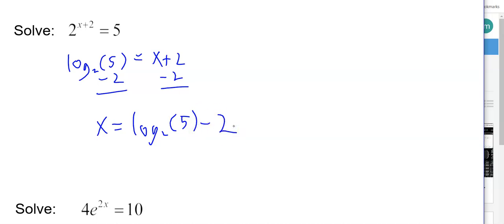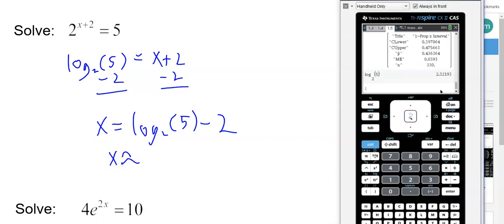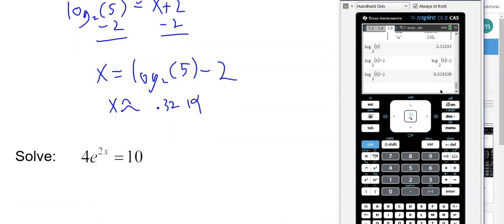If it's a no calculator test, that is the exact answer. If it's a calculator test, you would get your calculator out, copy that and put minus 2 after it. Sometimes you forget to hit control equals. So this is approximately 0.3219. Those are the exact answer and the approximate answer.